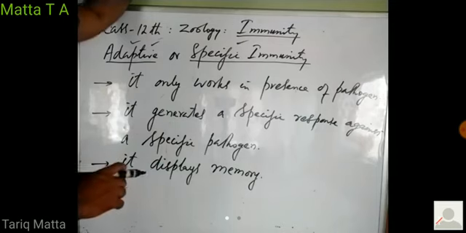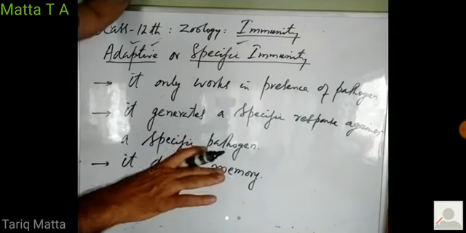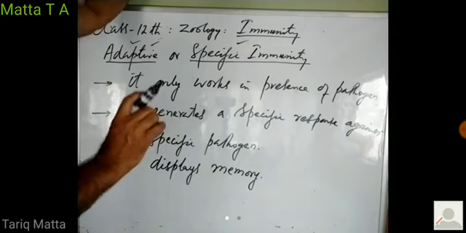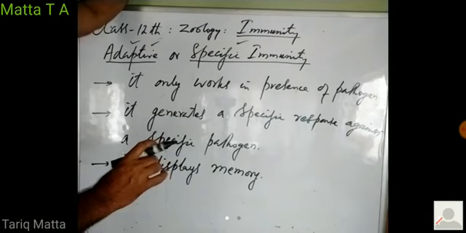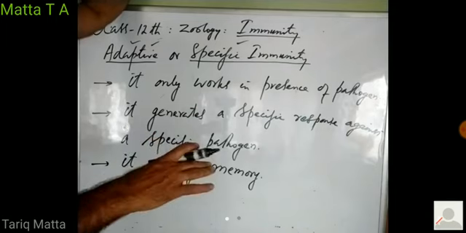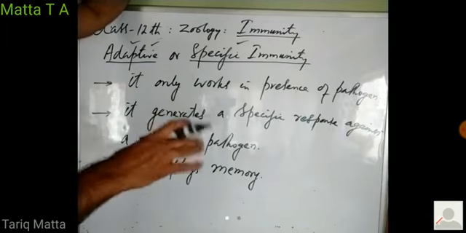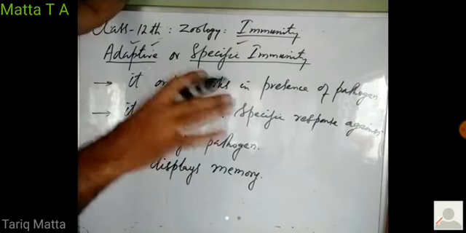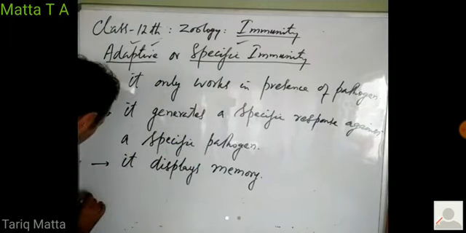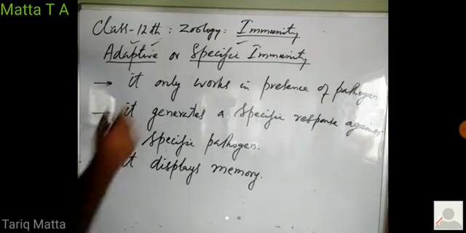So it displays memory. Those memory cells keep the record of the pathogen so that if the pathogen again enters into the body, the pathogen is immediately recognized by these memory cells and they react and destroy. They ensure that the pathogen is destroyed before it multiplies.